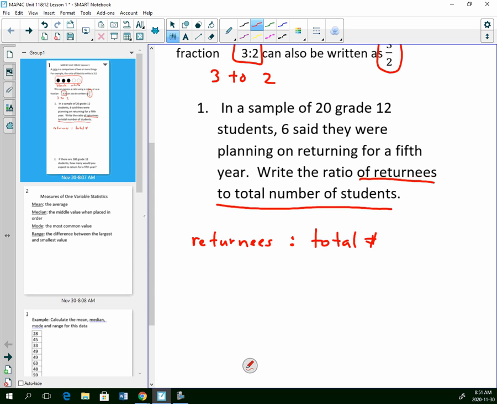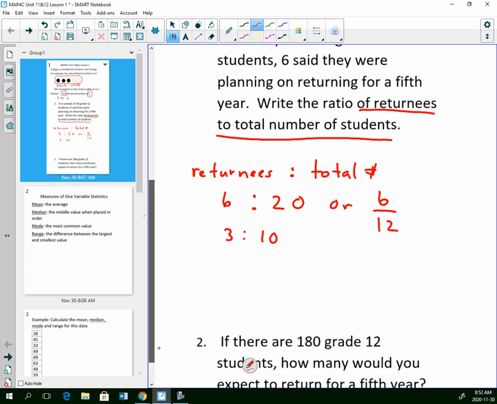So the number of returnees was 6, and the total number of grade 12 students is 20. So that would be the ratio representing that, or I could write it as a fraction. I could reduce it, so I could divide each side by 2 and put it in lowest terms, and that would mean the same thing, okay? So that is how we write a ratio.